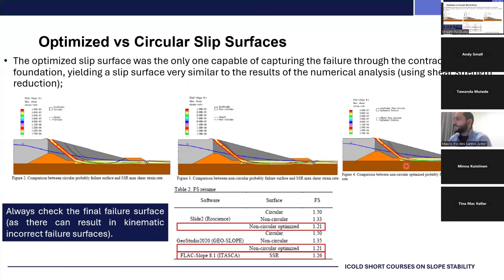I myself like to see what results it gives me, especially when I have more contractive materials in the foundation. But be aware it can give you some slip surfaces that you shouldn't consider in your analysis as well. For this particular case, the optimization was able to get a factor of safety very close to what he was finding with the FLAC analysis.